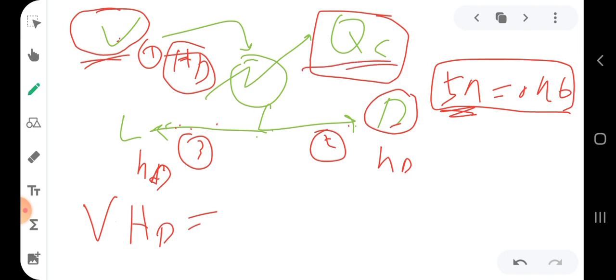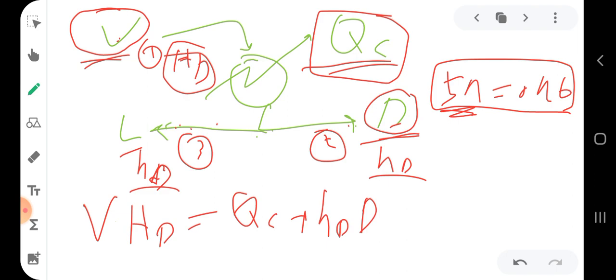The first outlet is QC. The second outlet is H small d multiplied by D, and another outlet is L multiplied by H small d.